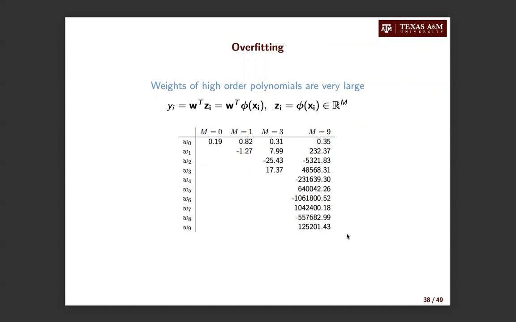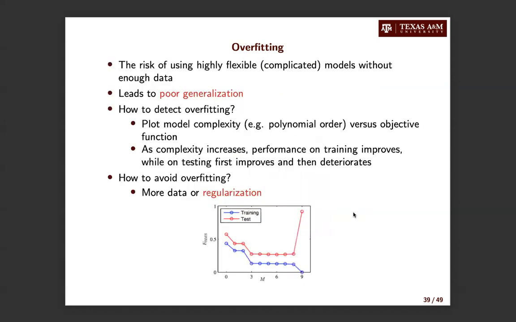So this observation that when we have very large weight values, it's also likely that we have overfitting, will be used in order to devise a strategy to avoid overfitting. And this strategy, as we will see, will be called regularization.